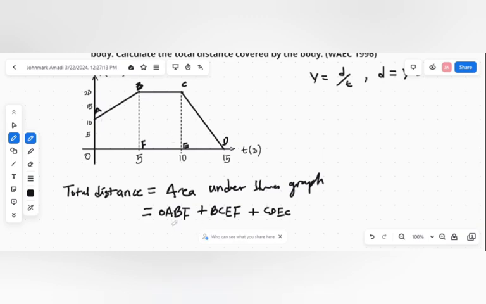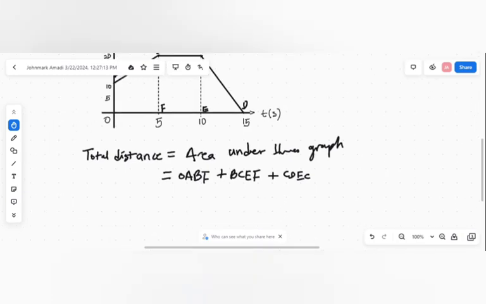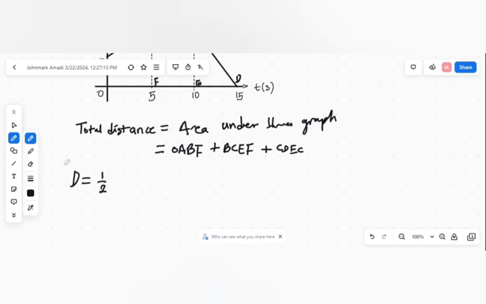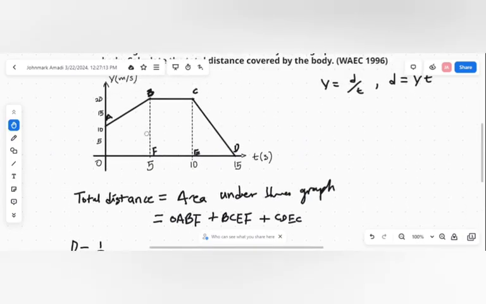So the first one here is a trapezium, OABF. So let's get things done. Now our distance, let me represent it with letter D, or total distance, will be the area of a trapezium.